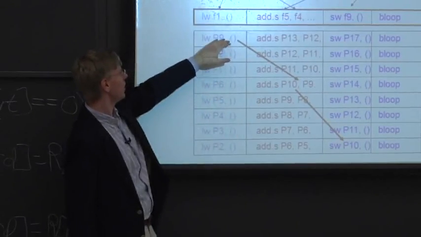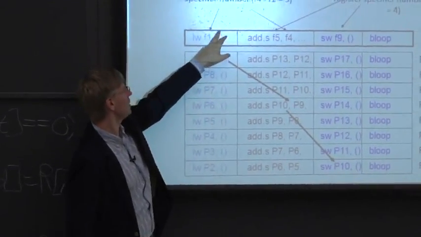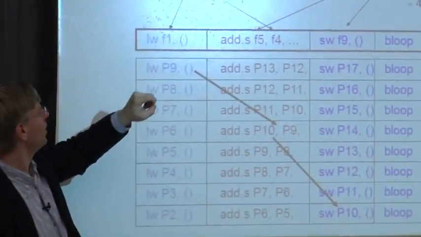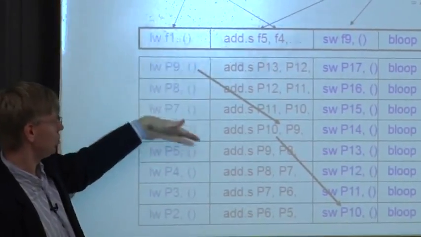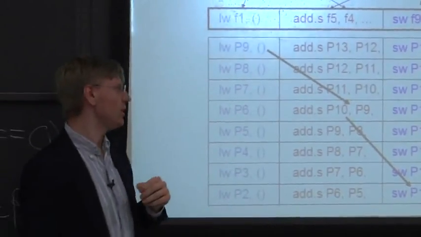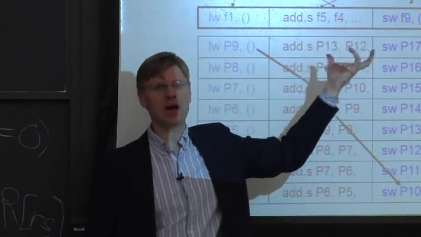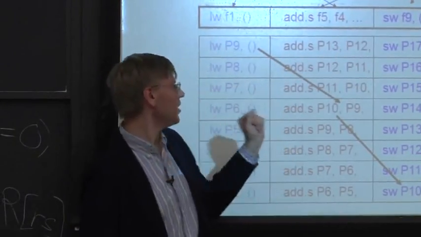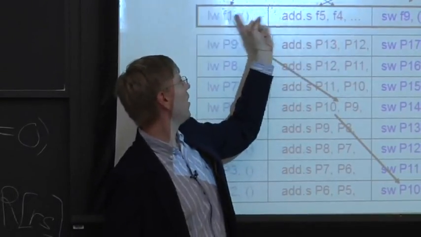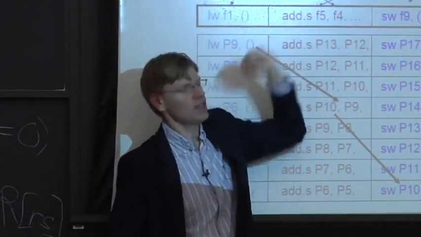So if this writes F1 and 1, 2, 3 loop iterations in the future want to read that value, we encode that here with a register number that is that number off. So this would be F1 to F4 because it's off by 3.